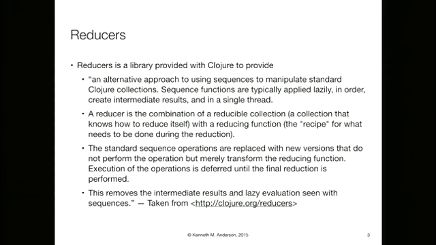The reducers library is basically Clojure's attempt to do this in a very comprehensive manner and give you a bunch of different functions that can all be applied in a lazy manner. But when it's invoked, to actually have everything run as parallel as possible.